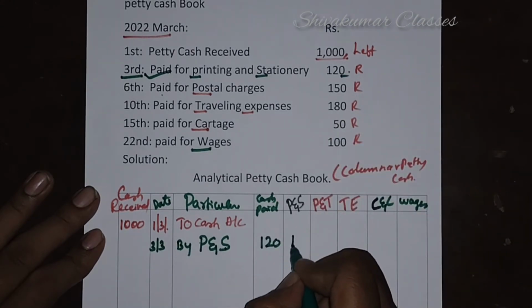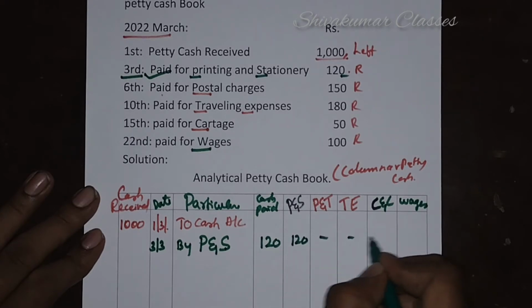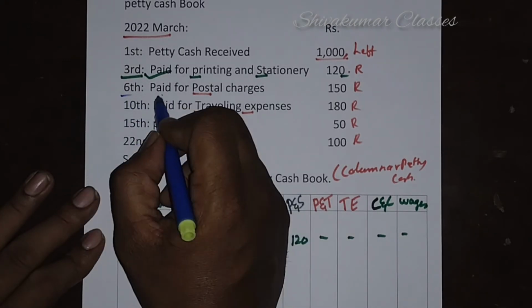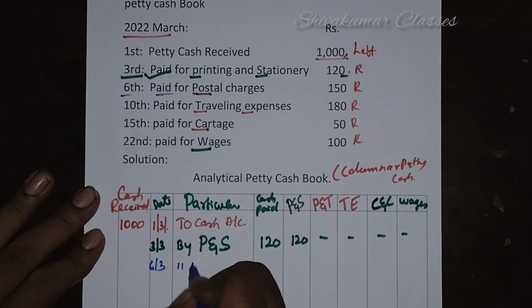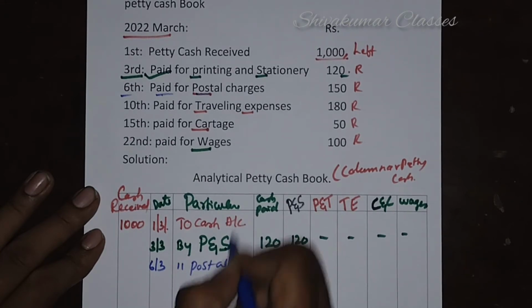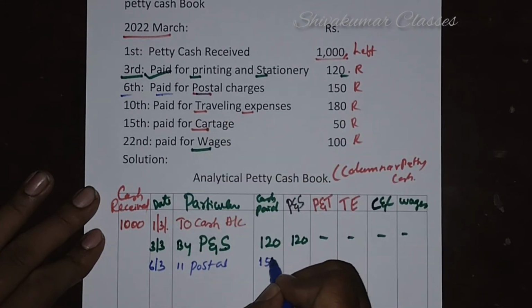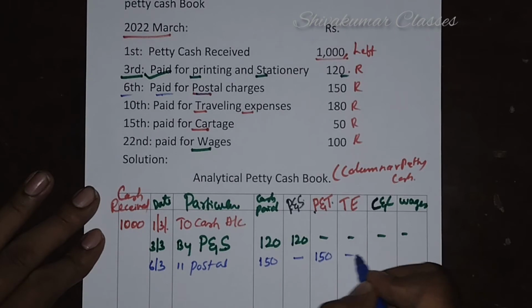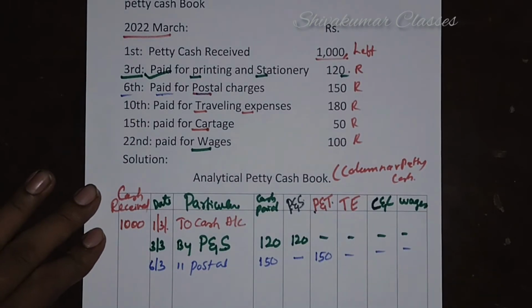You write 120 in the printing and stationery column, and all the remaining columns get a dash. That is the speciality of the analytical petty cash book. Next, on 6th March, paid for postage, rupees 150. Printing and stationery is dash; in the postal and telegram column you record 150, and the remaining get a dash.